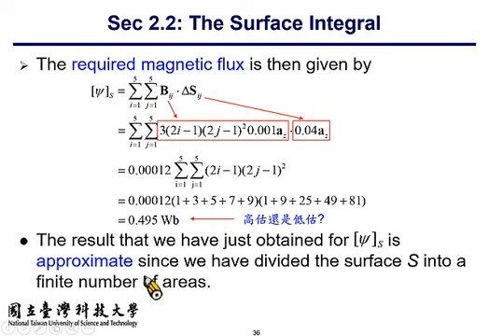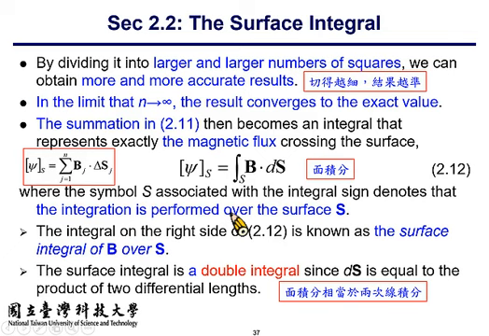So you can guess, is this an underestimated or overestimated value? Of course, you can perform the surface integral using an analytical approach. You can do the exact calculation of the surface integral and find out the exact value. Okay, so let's do that.